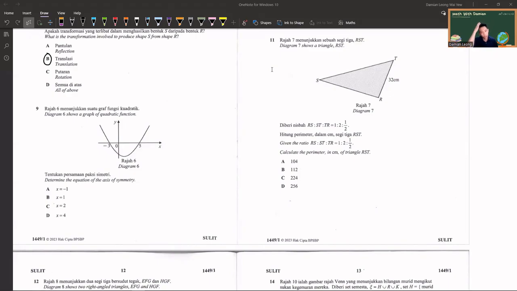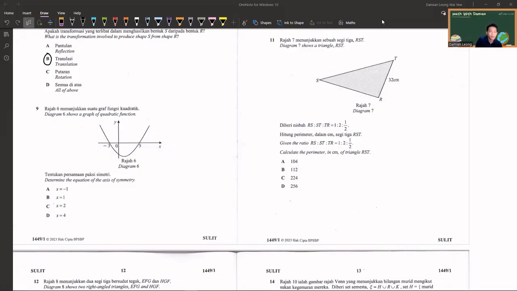Persamaan paksi simetri berada di tengah-tengah persimpangan paksi-x.